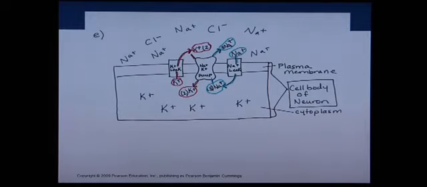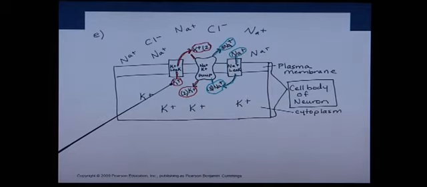The sodium-potassium pump tries to keep everything where it's supposed to be to maintain that negative 70 millivolt charge. For every 3 sodiums that the sodium-potassium pump pumps back out, 2 potassiums are pumped in.